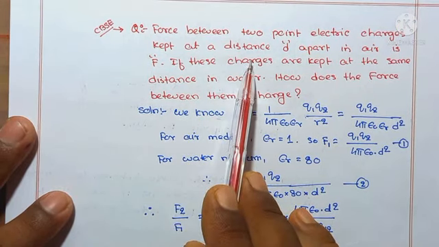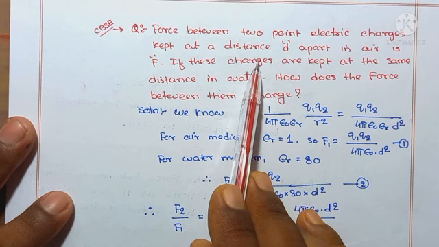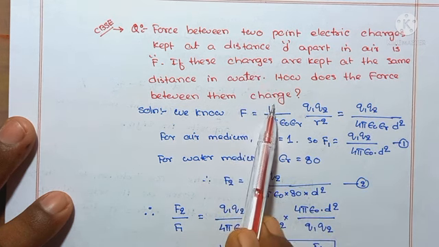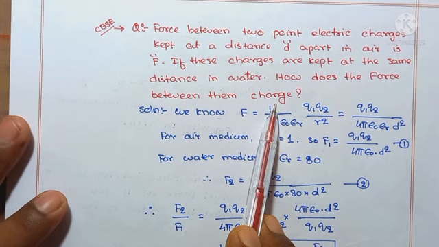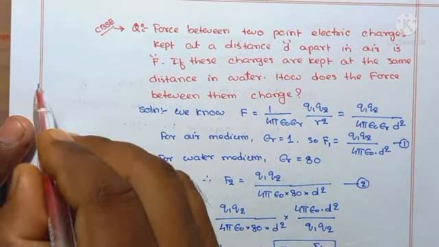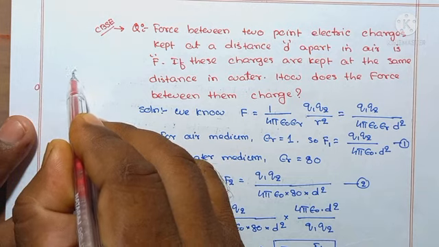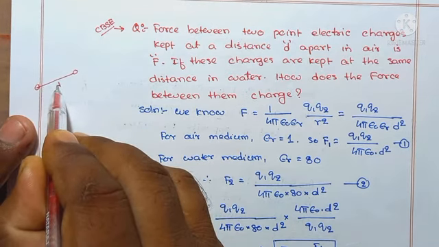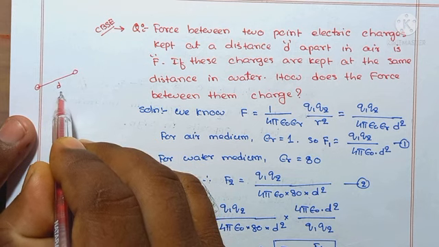The force between two point electric charges kept at a distance d apart in air is F. If these charges are kept at the same distance in water, how does the force between them change? ये क्वेश्चन क्या बोल रहा है, दो चार्ज हैं, they are placed at d distance apart.